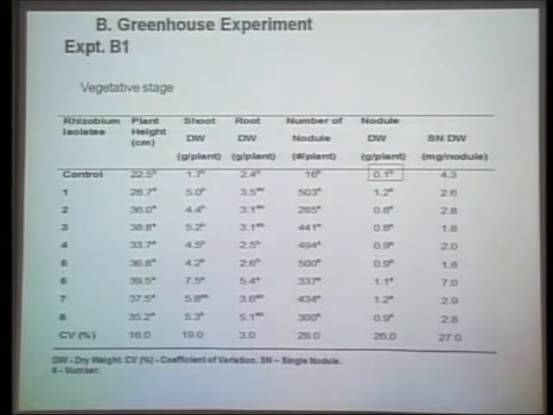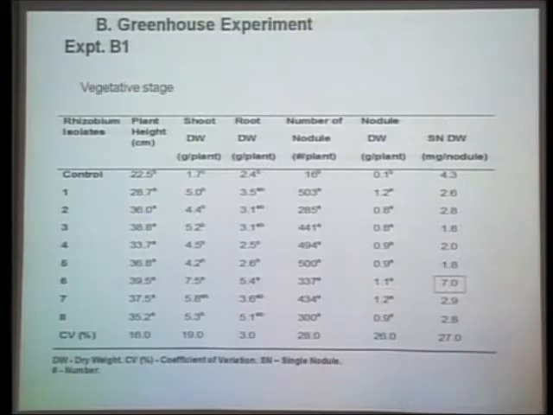And then nodal dry weight also shows a high significance among the isolates and the control. Isolate 1 and then isolate 7 were the leading contributors to the nodal dry weight. But again, there's no significant difference among the isolates.